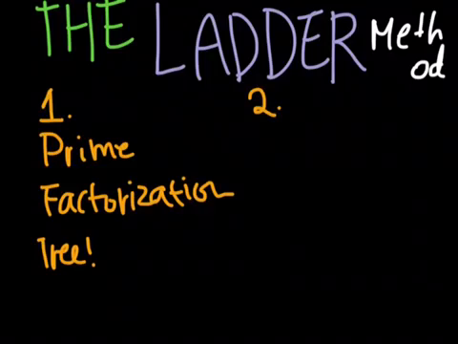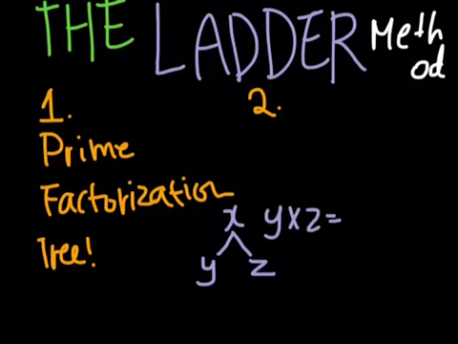How you do this is you take a number, say the number is x, and divide it into other numbers, so that y times z would be x.